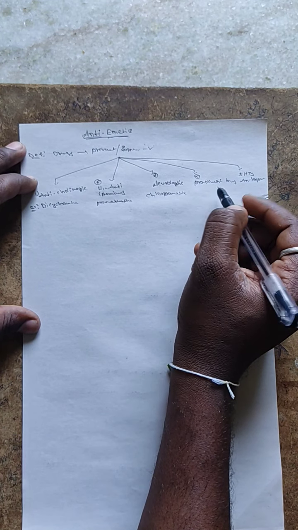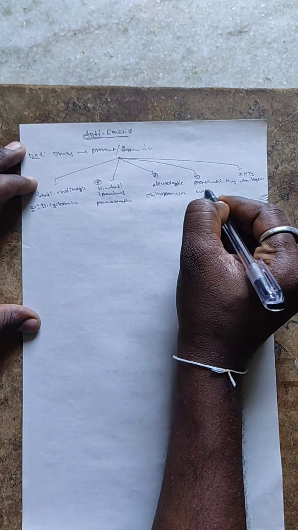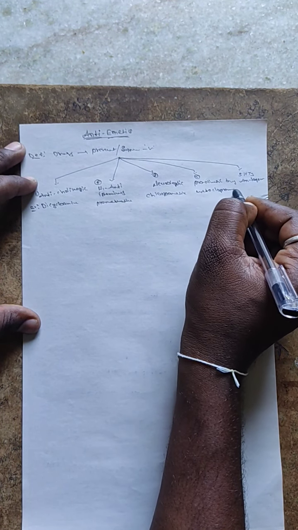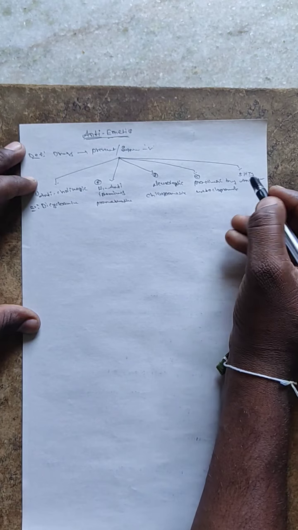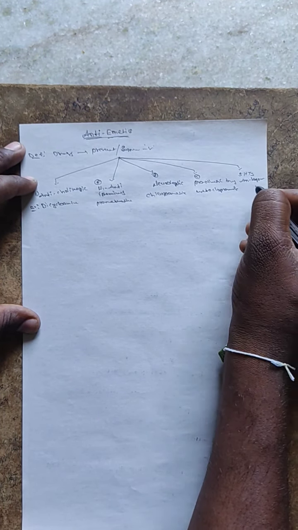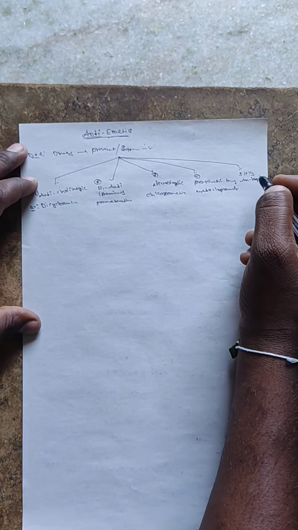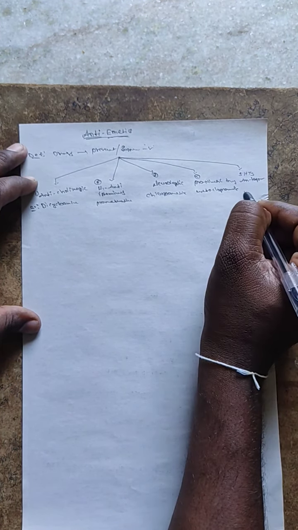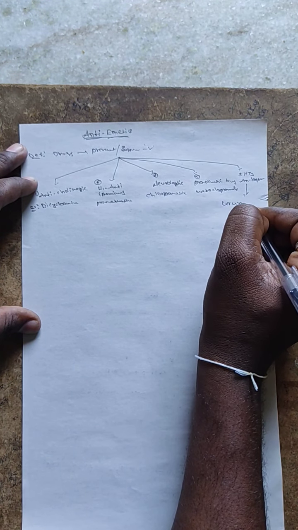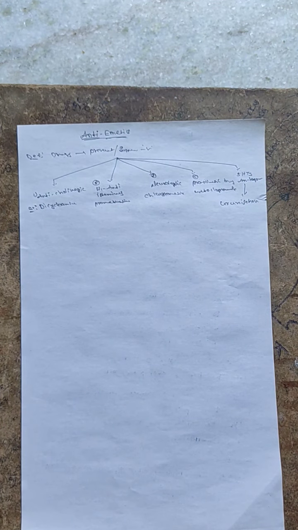Prokinetic drugs example is metoclopramide. And the 5-HT3 antagonist example is granisetron. So these are the examples.